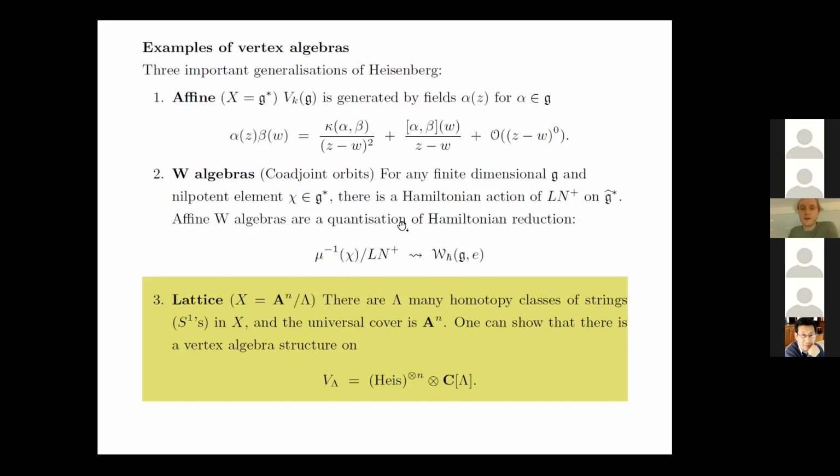This action is Hamiltonian, and you take the Hamiltonian reduction, and then functions on this thing as an algebra, and W algebras are a quantum version of this. So you can run this Hamiltonian reduction procedure and quantize it, and that's approximately what a W algebra is. Okay, so these are 2 of the most culturally important generalizations of Heisenberg. And the third one is the lattice vertex algebra.